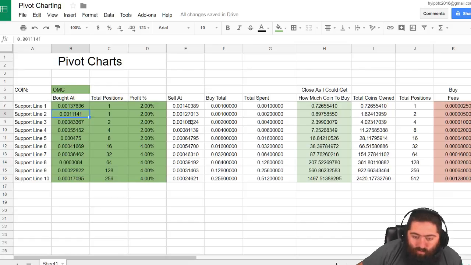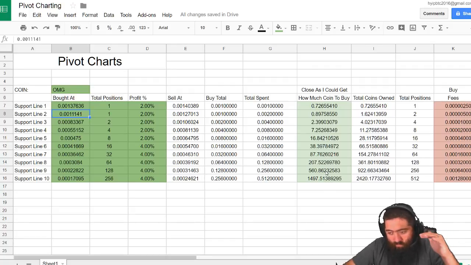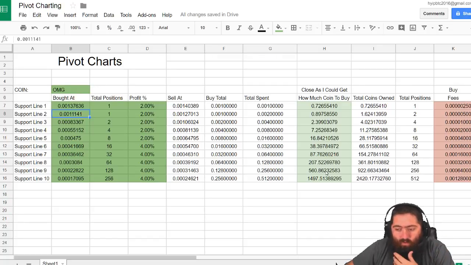I try to keep them separate in my spreadsheets, so if I'm 50-50 in a coin, I'm still going to buy one position, and I know how many coins I should be buying and selling as I buy down the market. So if I bought one position, this is how many coins I have. So when I start buying down the market for my pivot chart, this is the chart I'm going to follow. That way it still doesn't really mess with my straddle from yesterday. Does that make sense?